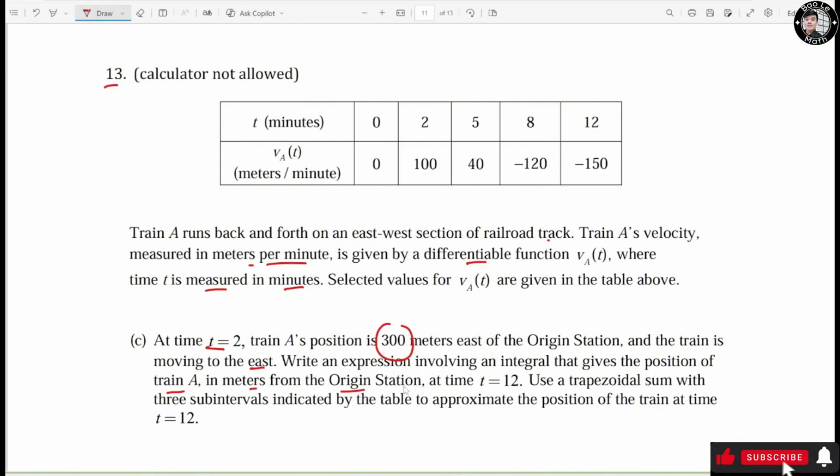Write an expression involving an integral that gives the position of train A in meters from the origin station at time t equals 12. Use a trapezoidal sum with the 3 subintervals indicated by the table to approximate the position of the train at time t equals 12. Remember, the final position equals the initial position plus the integral from initial to final of v of t dt.